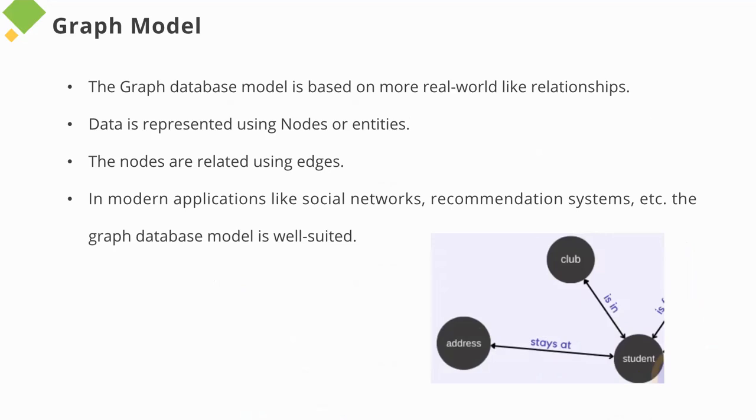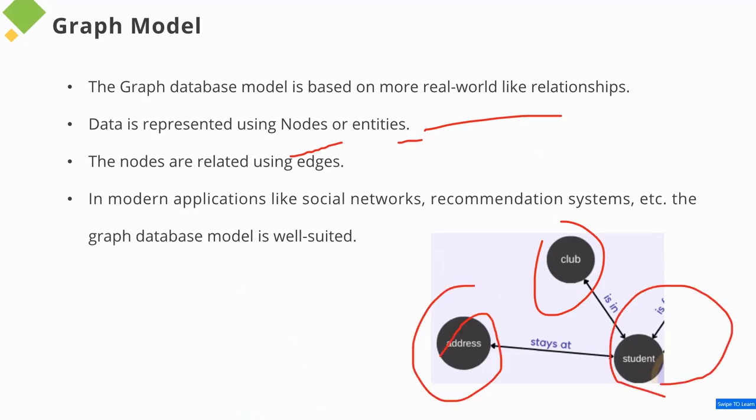And the next model is the graph model. The graph database model is used in most real world relationships, like in networking and social media, like Instagram, Facebook, everything uses this graph model. Data is represented using nodes or entities like club, address, student.